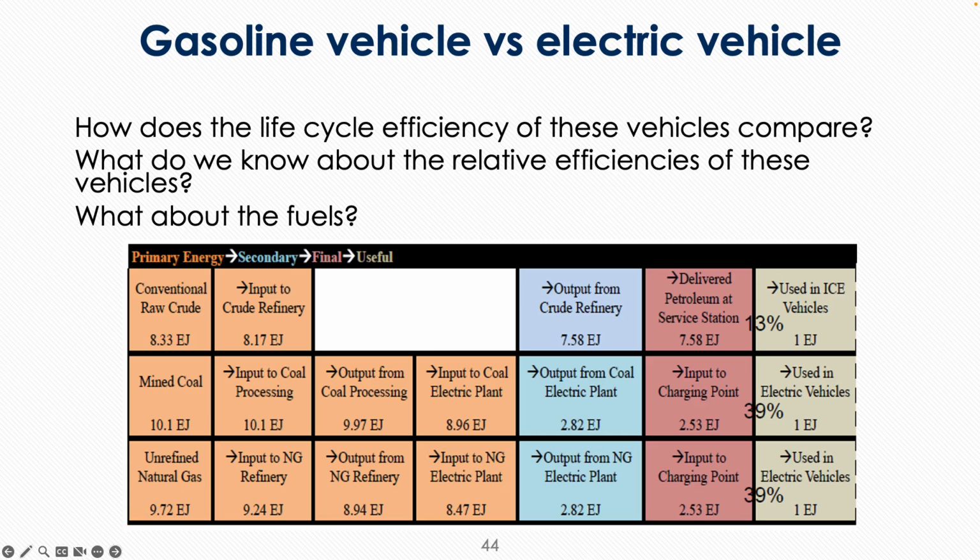Yeah. But if you consider from the start of the primary energy, doesn't the electric vehicle sound way less efficient? Yeah, it does. But that's a product of the system thinking, right? It's not necessarily that the EV is less efficient.